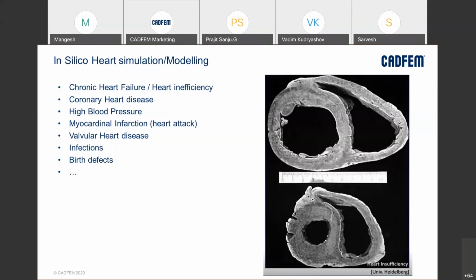And because of such modifications, maybe now the performance of the heart will change.